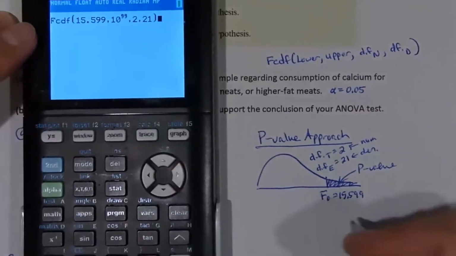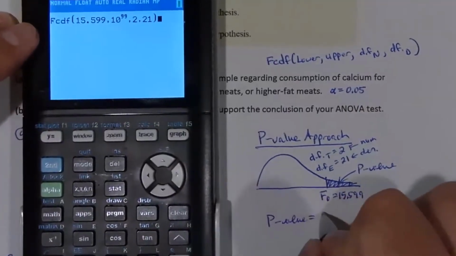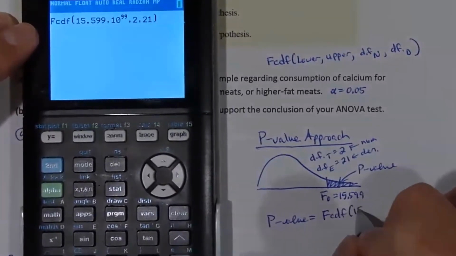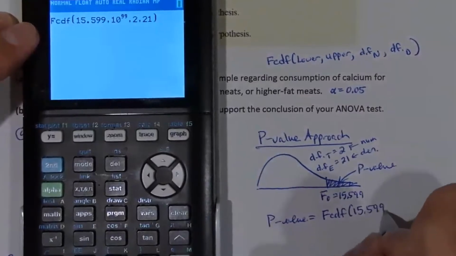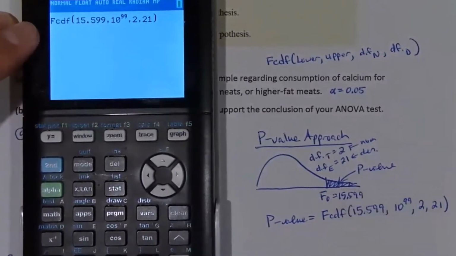So in this case, that p-value is FCDF, we're getting it from 15.599 to a big positive number with 2 degrees of freedom in the numerator, 21 degrees of freedom in the denominator.